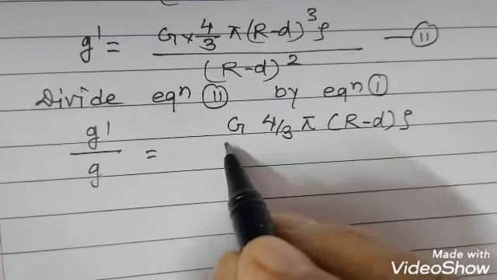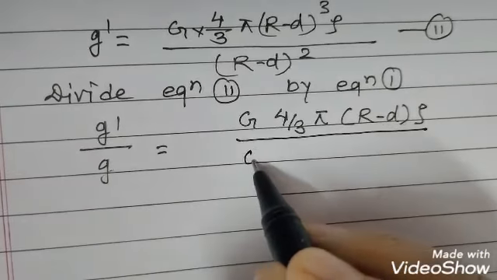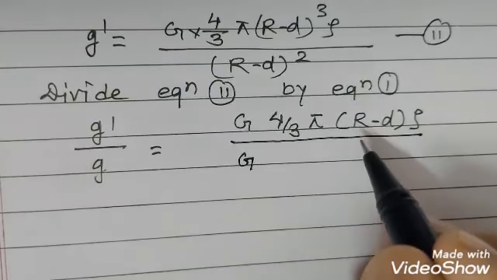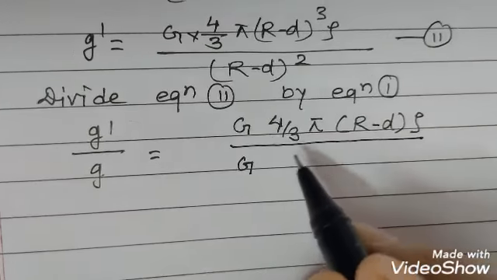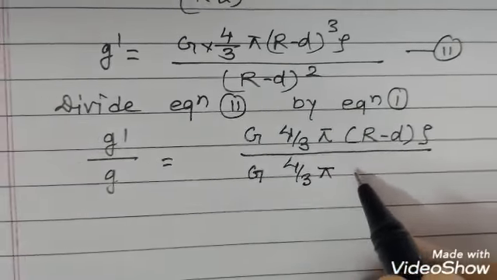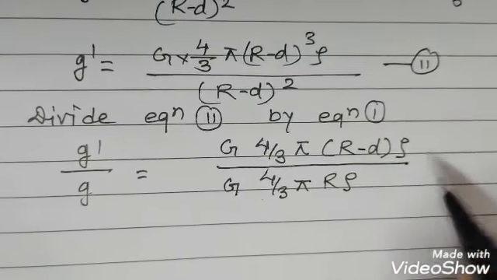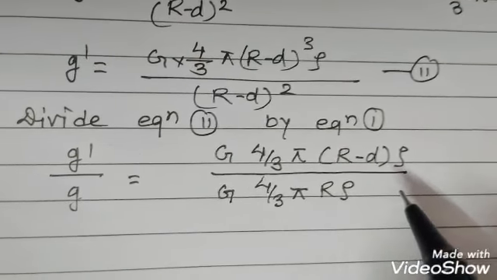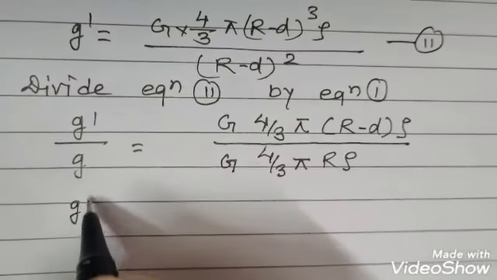So the numerator part is equation 2 and the denominator is equation 1, which is G 4 by 3 pi R rho. Now we'll see that G would be cancelled, 4 upon 3 would be cancelled, pi would be cancelled, rho would be cancelled. What is remaining here?